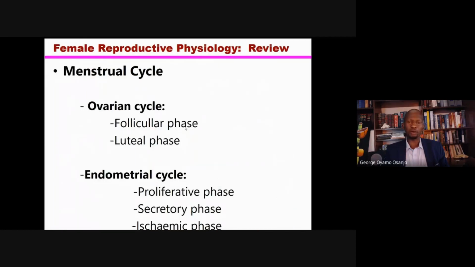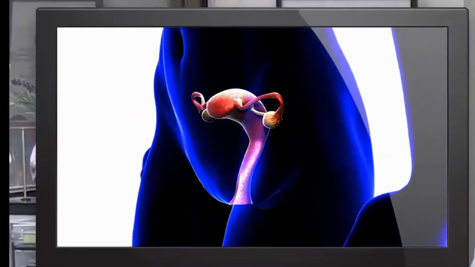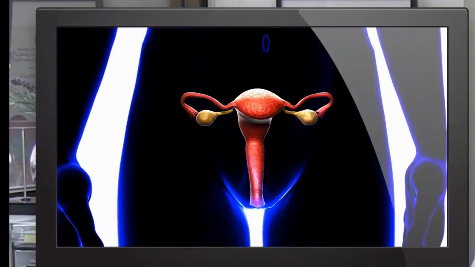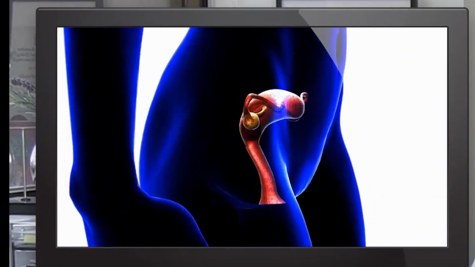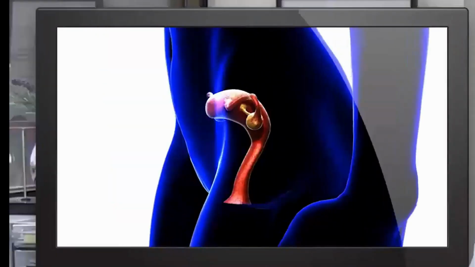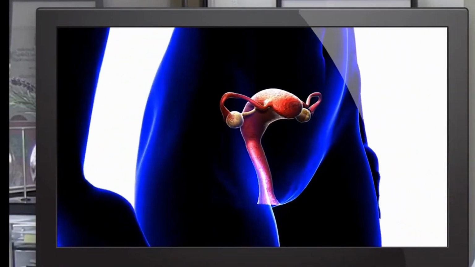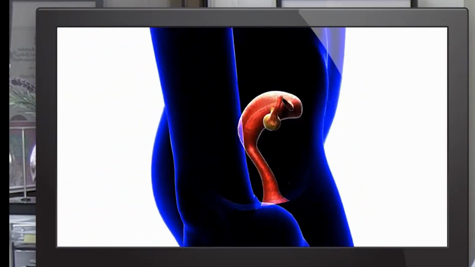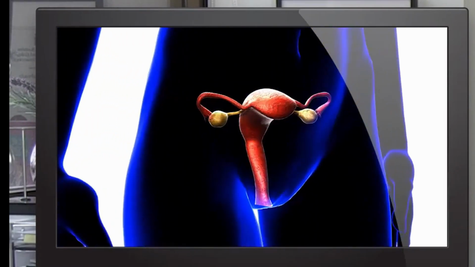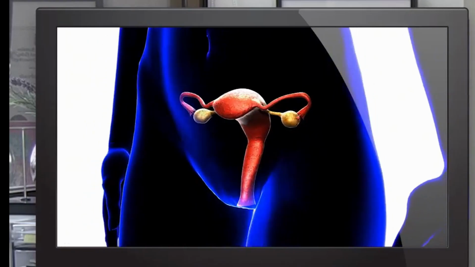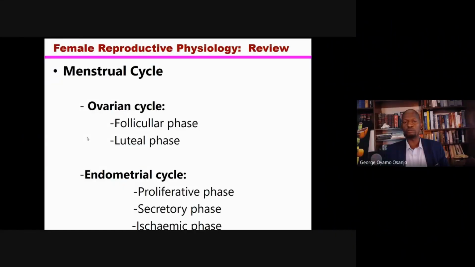The menstrual cycle may be described as a series of cyclical changes that happen during the reproductive period of the female, whose most obvious manifestation are episodes of bleeding, also called menstrual flow.